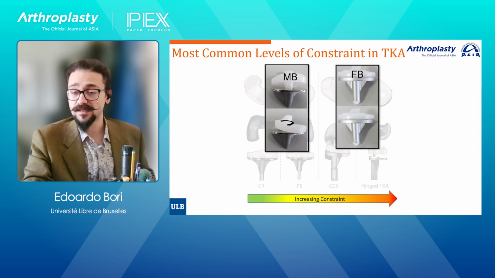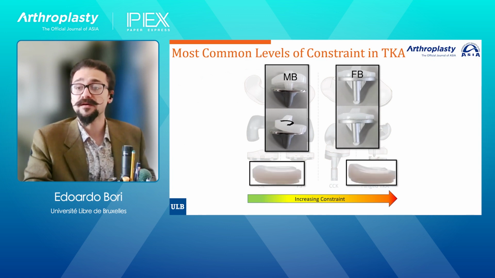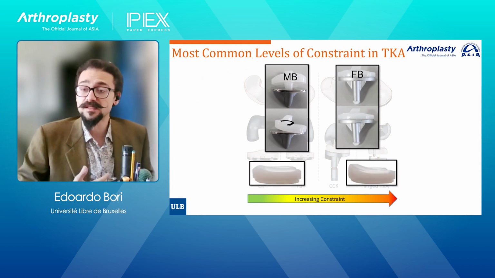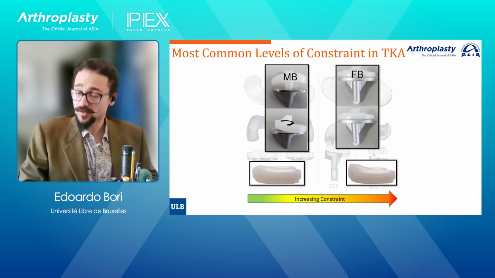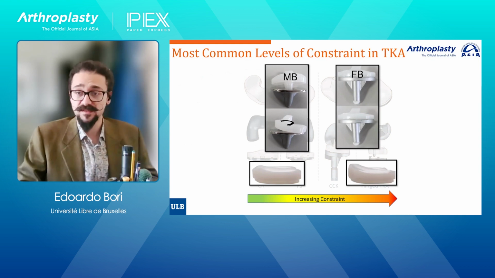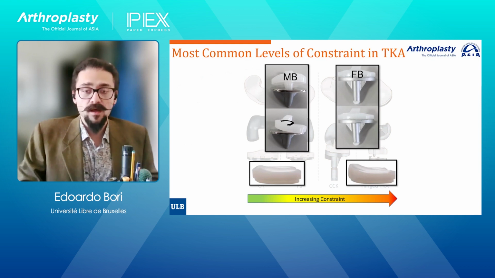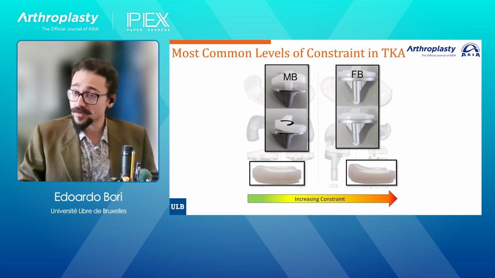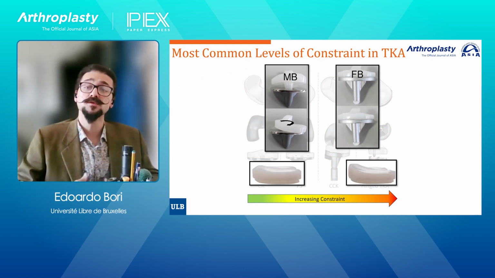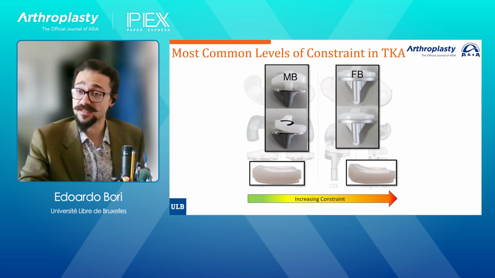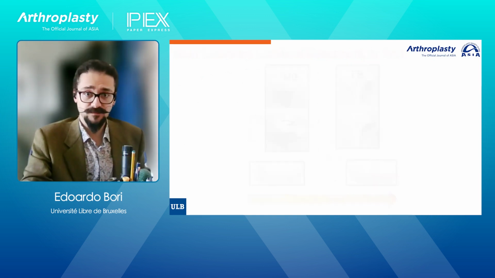Then, talking about the insert, we can also have various insert designs, and this also alters the constraint of the prosthesis. On the left, as an example, we have a flatter one, while on the right we have a congruent one. And as you can imagine, this also changes how the prosthesis acts.